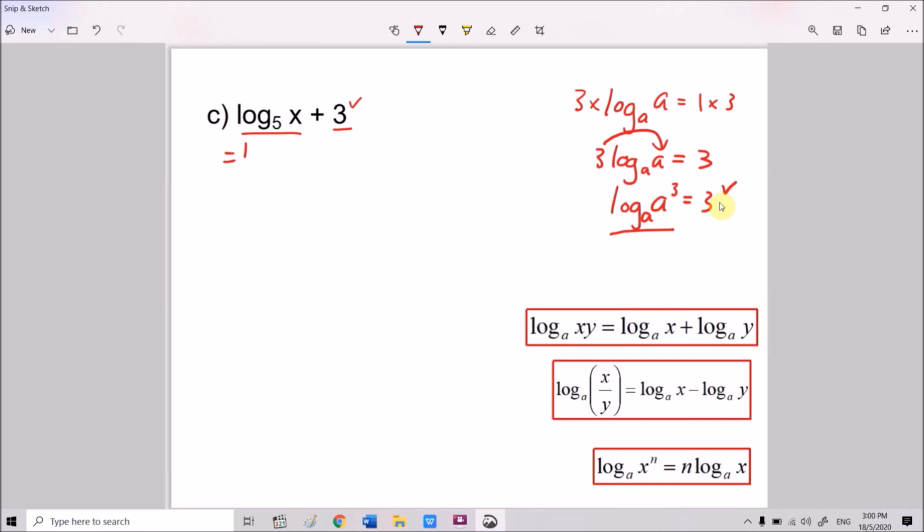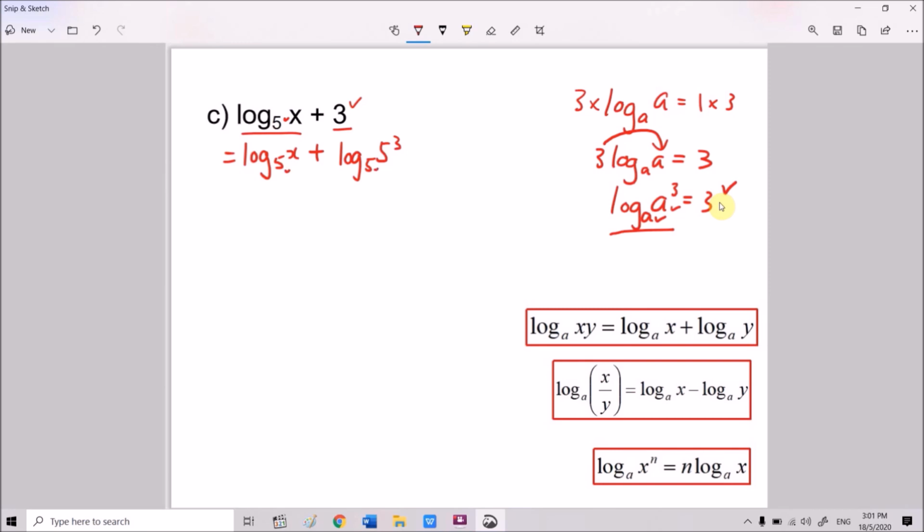So here we can rewrite this. But the question is, what value do we want for a? Since for this part the log has a base of 5, we convert this 3 so that it becomes log base 5 of 5 to the power of 3. We use 5 for the a here so that the two terms have the same base.